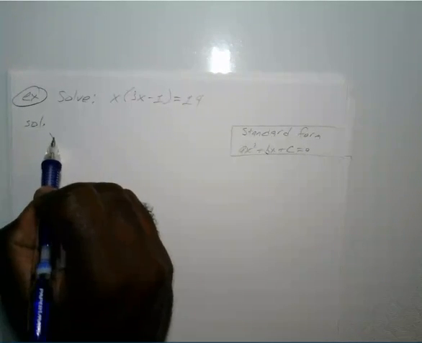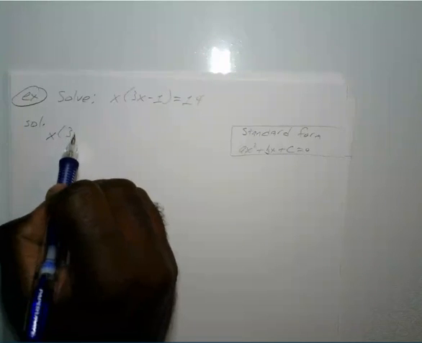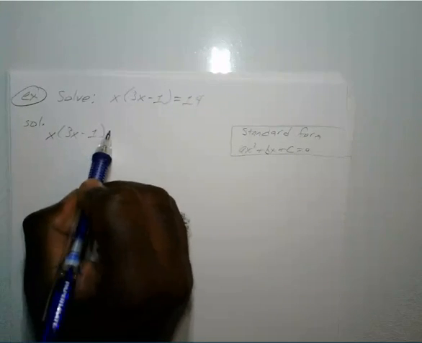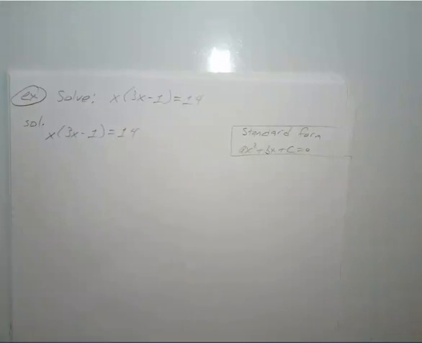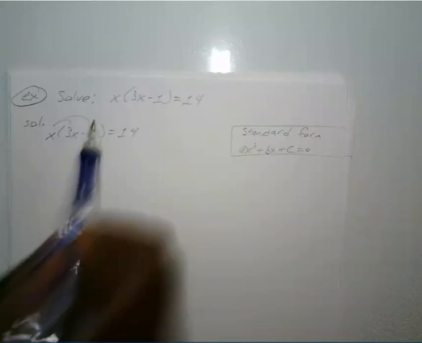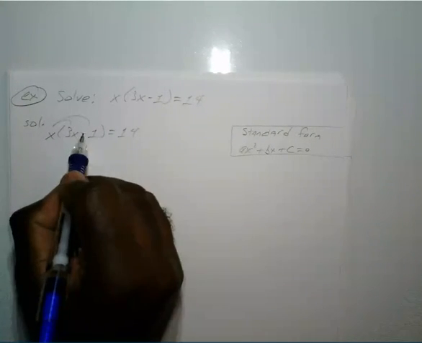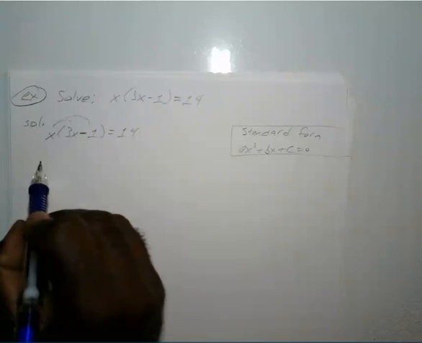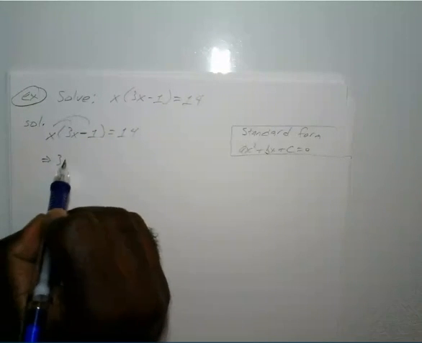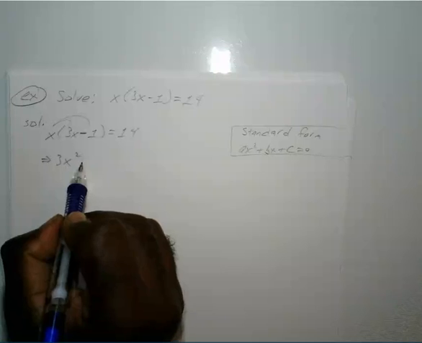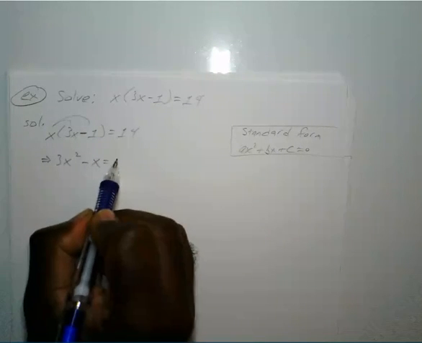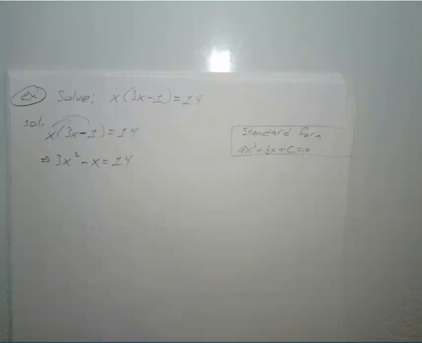Okay, so the first thing you want to do is you want to go ahead and distribute. Get rid of those parentheses. So that makes it 3x squared minus x equals 14.